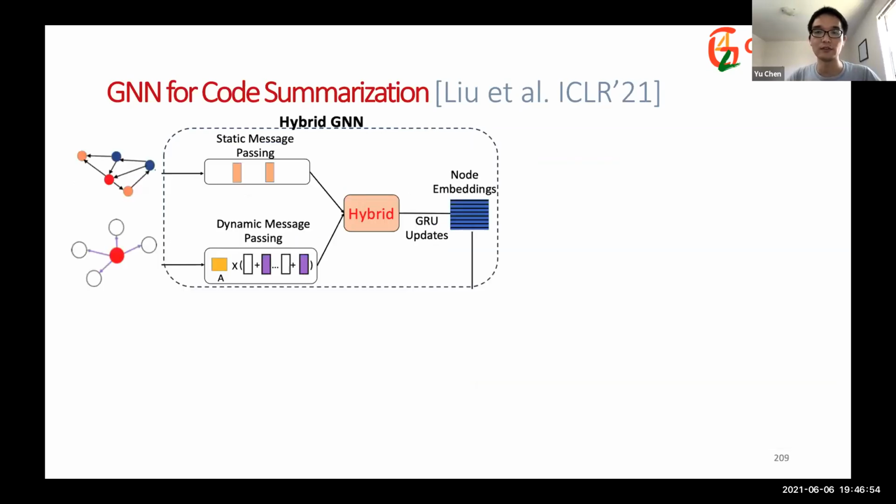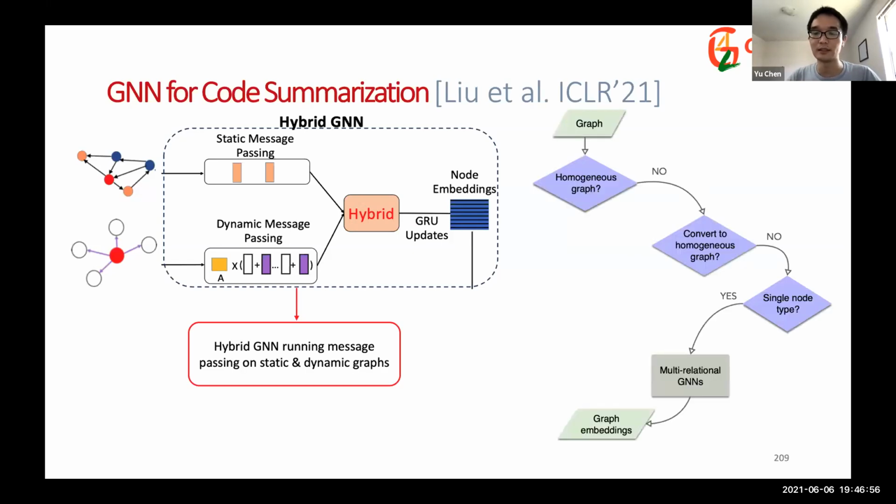And as for graph representation learning, since the input graph is not a homogeneous graph, it's actually a multi-relational graph, they apply the multi-relational GNN as the encoder to learn the representations of the code graph. And a hybrid GNN was proposed to run message passing on both the static graphs and the dynamic graphs.